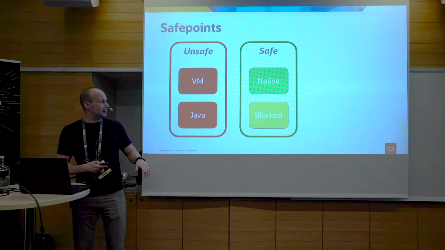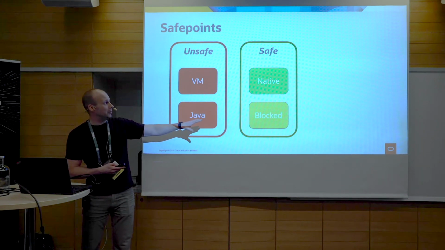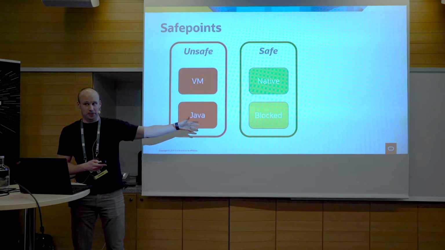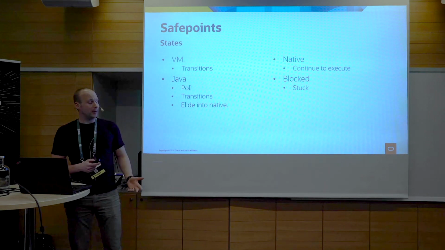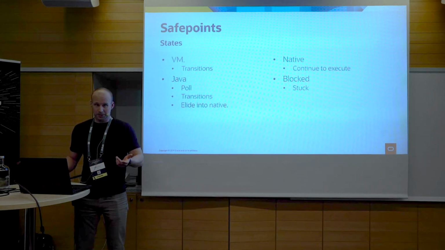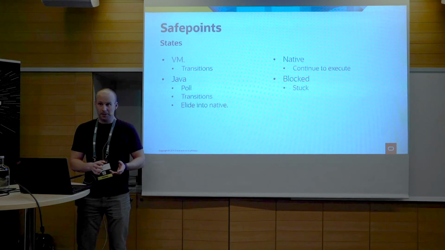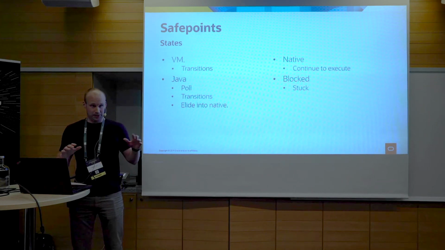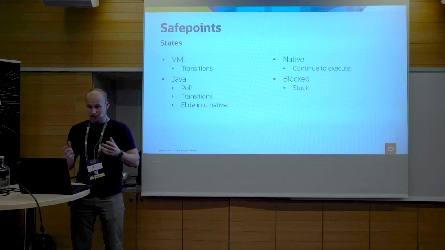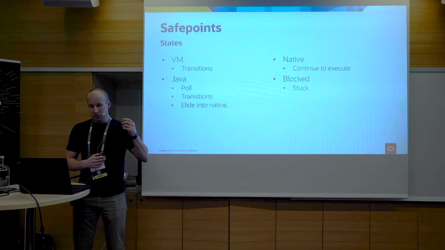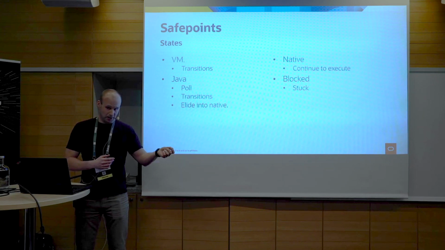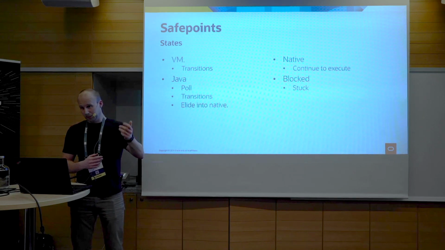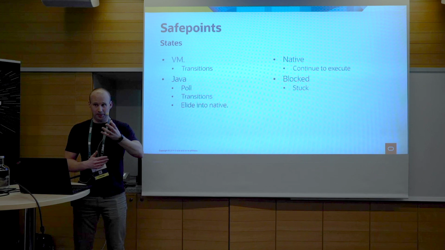So it's good to remember this picture when we talk about handshakes also. If your thread is in VM doing class loading or something, we will stop it in the transitions. If your thread is executing your application code, we enable the polls so we can stop them inside Java, or we stop them in the transition when, for example, they go to VM.